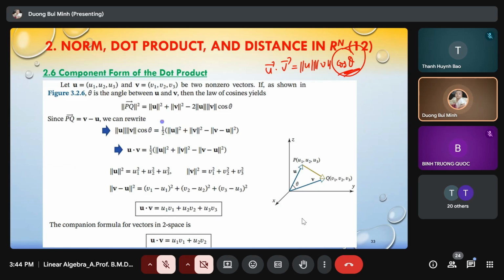So for example, here is vector U meaning vector OB, and vector V meaning vector OQ. This is OB and this one is OQ. We would like to calculate the dot product of U and V, which is the norm of U, the norm of V, cosine theta.